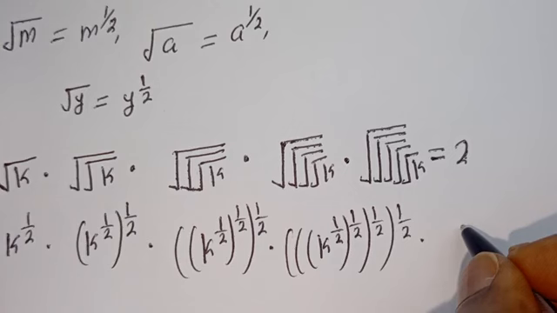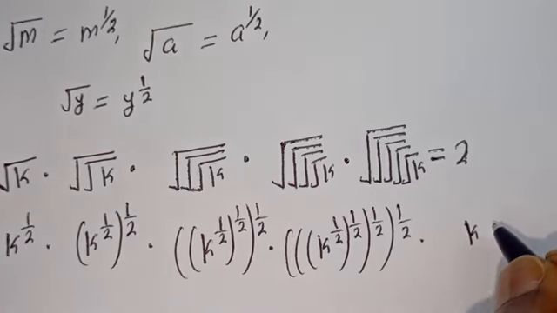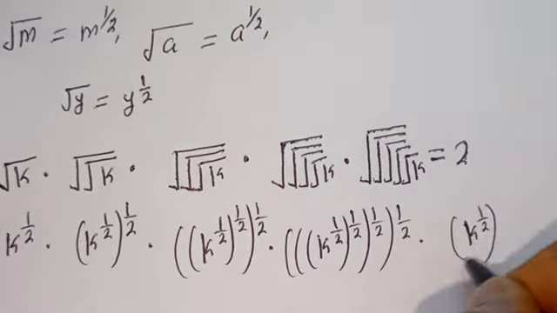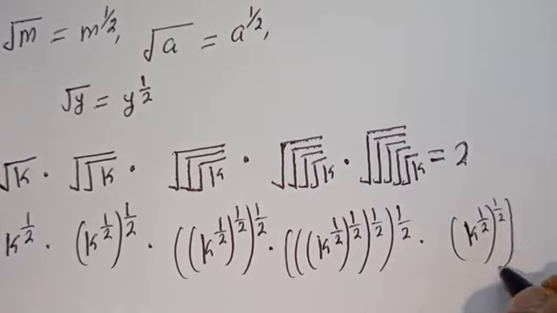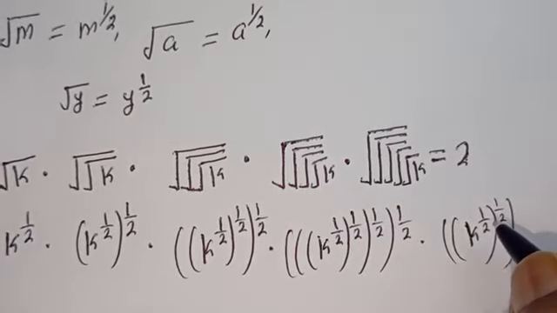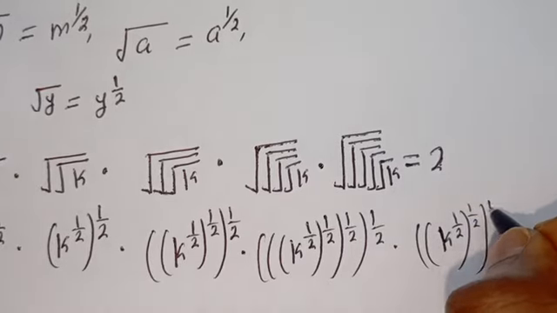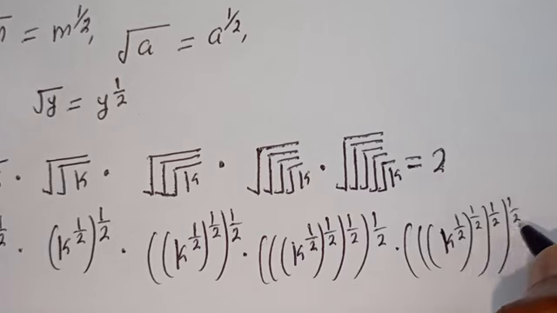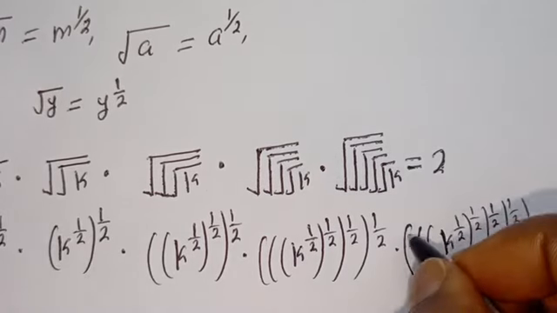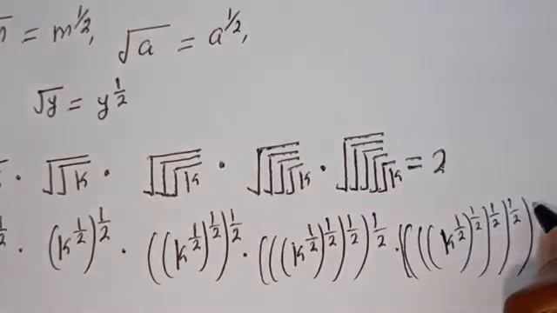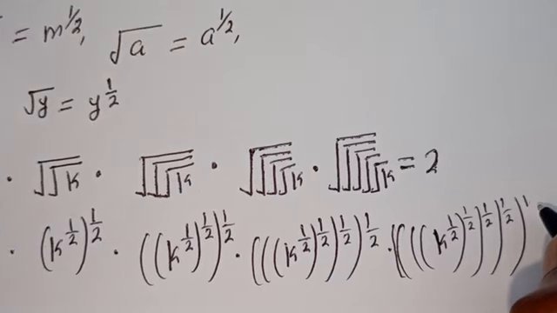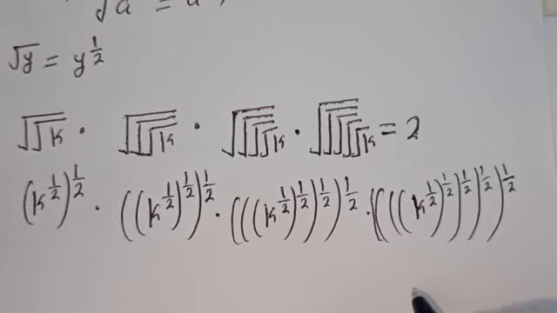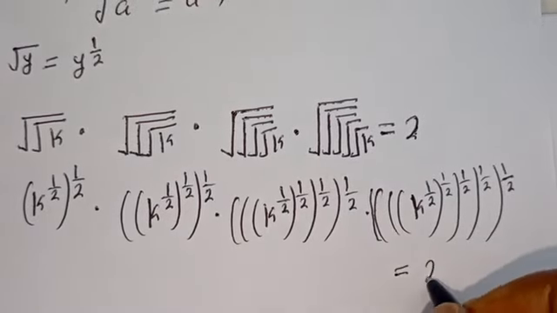Then k to the power of 1 over 2, to the power of 1 over 2, to the power of 1 over 2, to the power of 1 over 2, and the last one to the power of 1 over 2. Then everything is equal to 2.